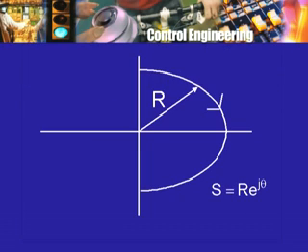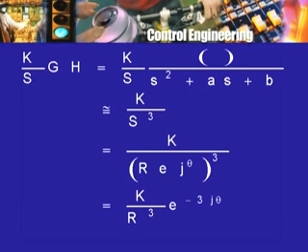Now, as a result of this, for s very large in magnitude, which is what we are talking about on the semicircle, this can be approximated by k divided by s cube, because s squared overpowers as and constant b for very large s, large meaning large in absolute value. So, there is this s and there is this s squared. As a result, we have k divided by s cube. So, k by s g h is approximately k divided by s cube for large s, that is points on this semicircle.